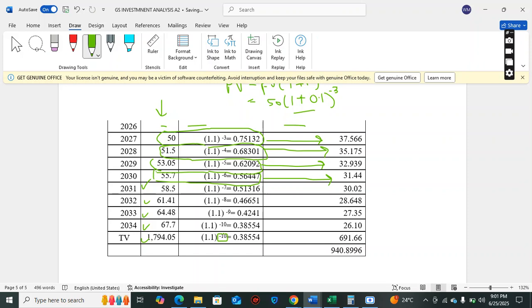Okay, because we're assuming the perpetuity starts at the end of 2034, not at the beginning, at the end of 2034. So the terminal value and the last year, their time should be the same. Do not put the terminal value on the next year. You get the question wrong.